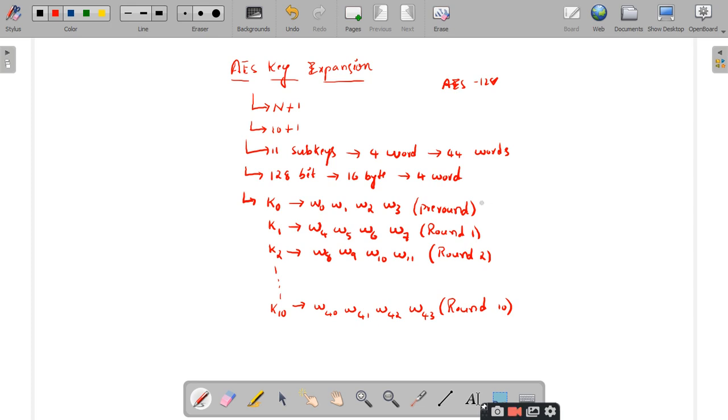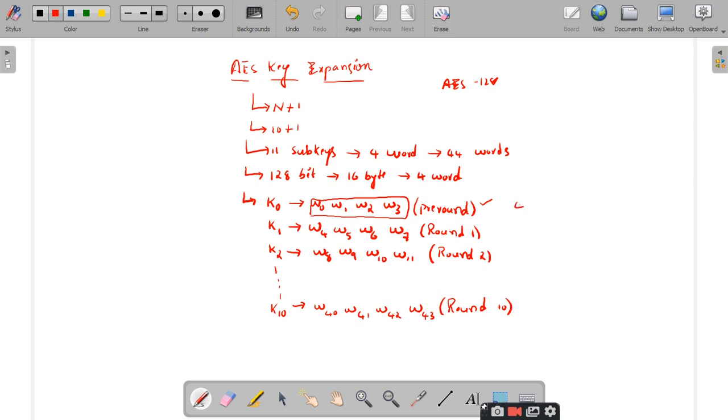Yes, sir. So the input to the AES algorithm is this one only. What we are externally providing as an end user is the key which is given to the pre-round. Right. This is what we are providing.